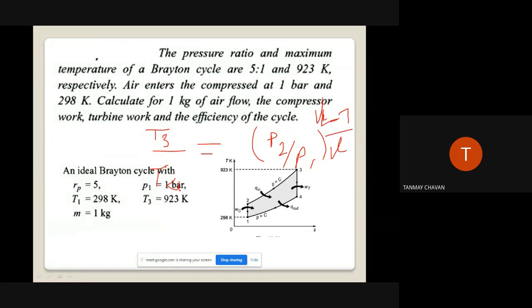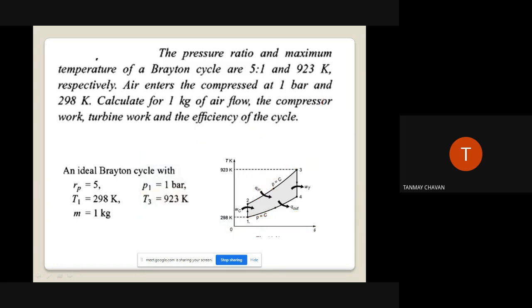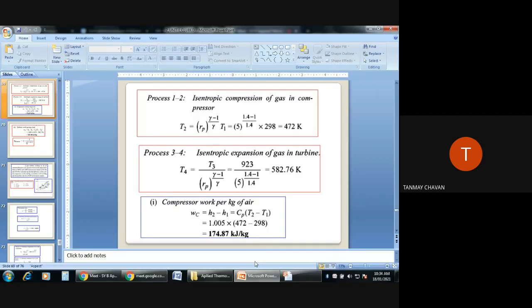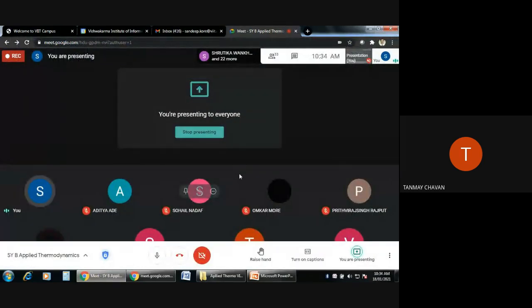Or T4 is equal to T3 upon Rp raised to gamma minus 1 upon gamma. Find out T4. What is the value of T4?